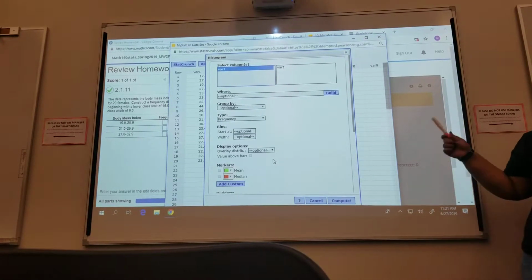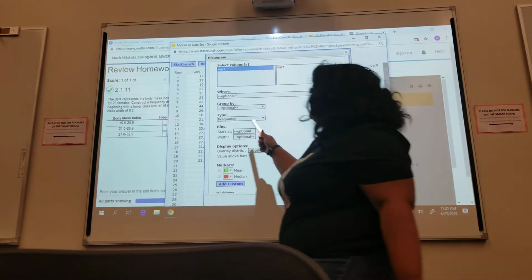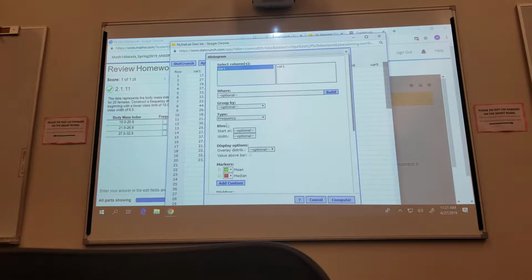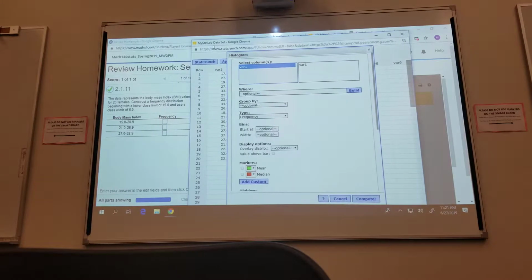Okay. And so right here you'll see the bins. It's asking start at and width. Start at is equivalent to lower class limit. So what would we put in start at? 15. The 15.0. Yes. And then what would we put for the width? 6. The 6.0.